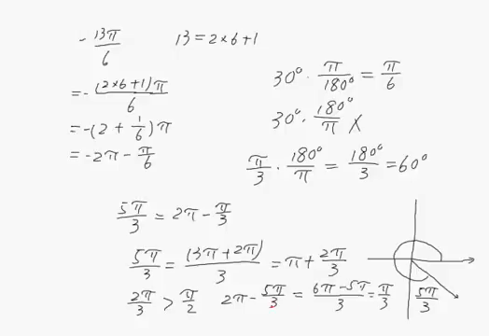So now you move this pi over 3 to the right side, you move the 5 pi over 3 to the left side, then you get 5 pi over 3 equal to 2 pi minus pi over 3. So actually, use the position of this angle, which quadrant it is in, to rewrite this angle.